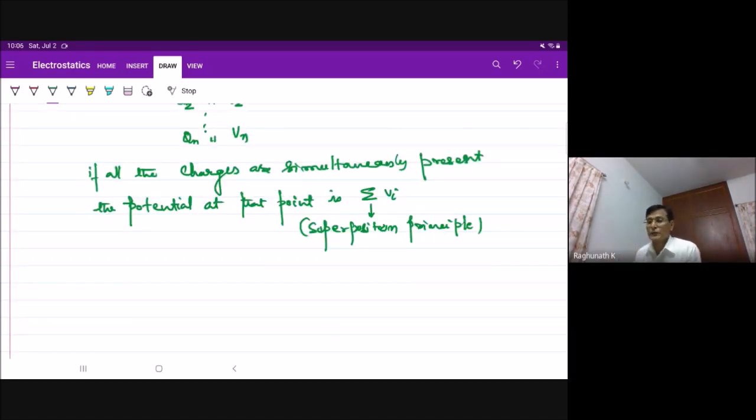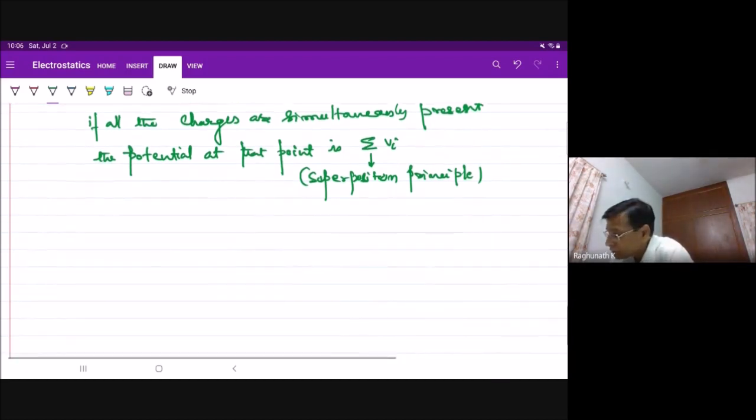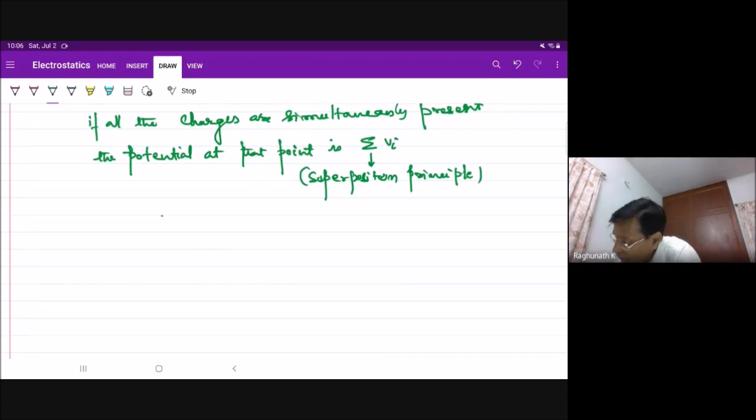Charging is a process. Carefully. When you want to charge an object, we should either remove electrons from it or add electrons to it.